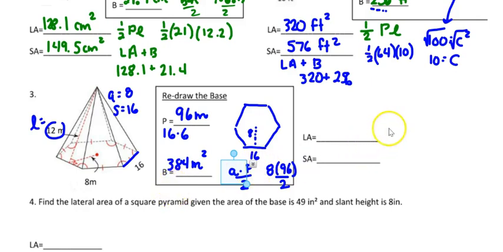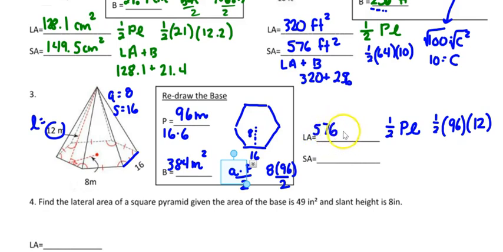Okay, so now we know lateral surface area is 1/2 the perimeter times the slant height. So 1/2 the 96 times the 12. And that is 576 meters squared.